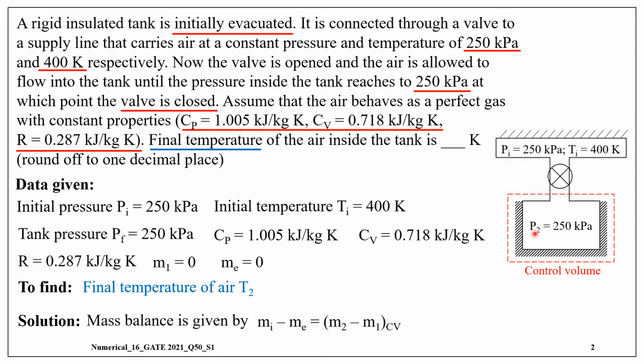When the control volume or the tank pressure reaches 250 kPa, the valve is closed. When the valve is closed, the mass of air entering through this valve into the control volume M suffix E is also 0. This gives Mi is equal to M2.